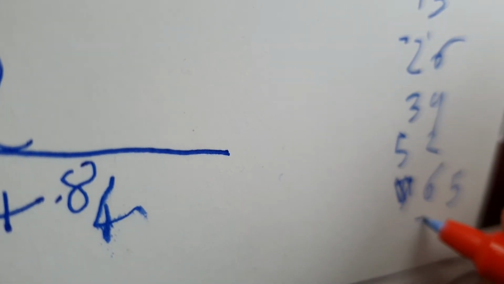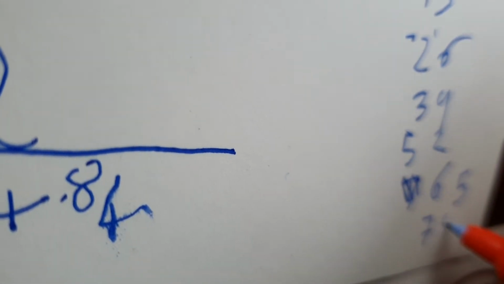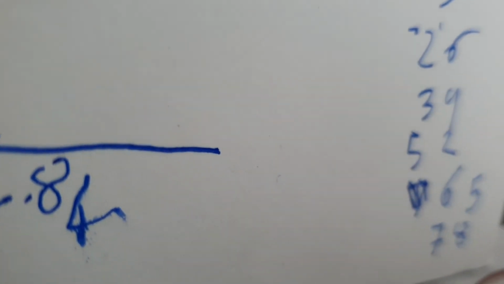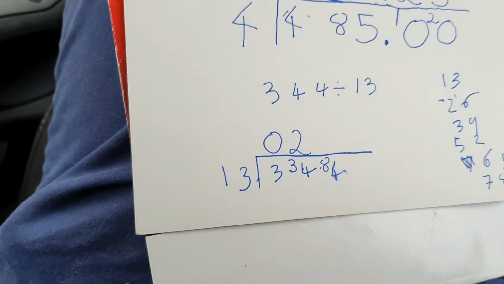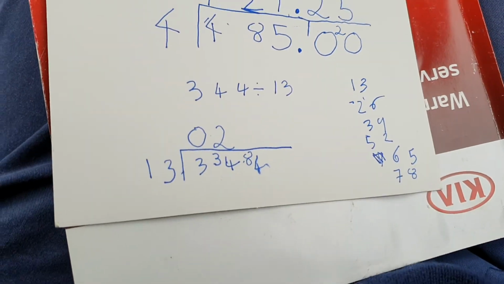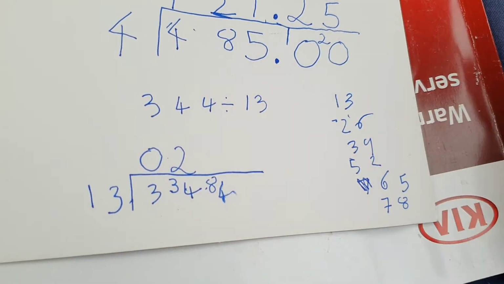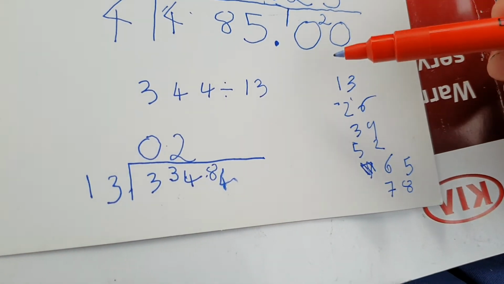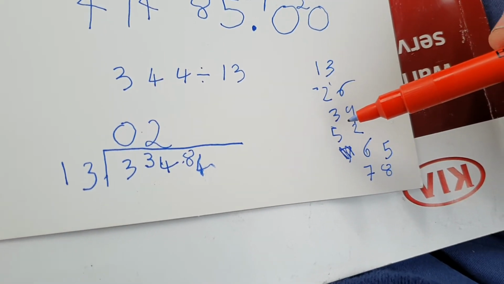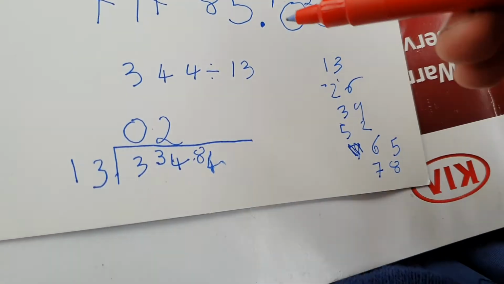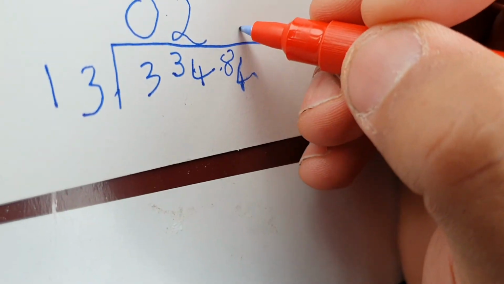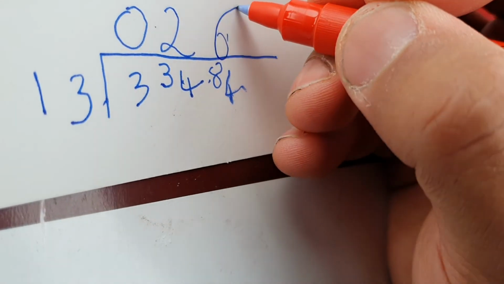So I obviously skipped one. And then it will go 91. So I'm going to go 1, 2, 3, 4, 5, 6. It's going to go 6 times.